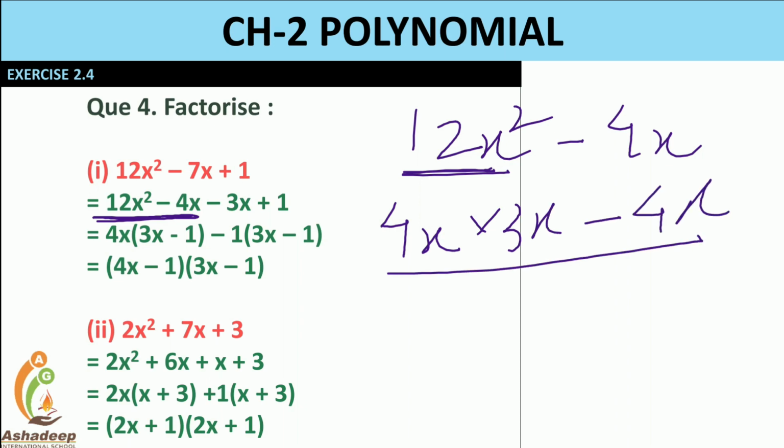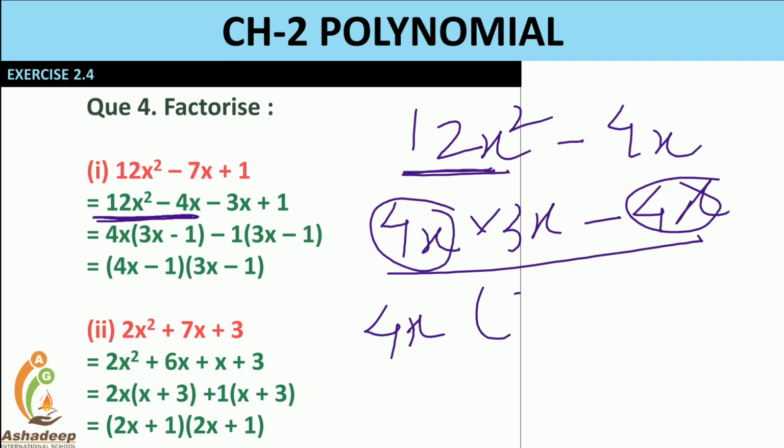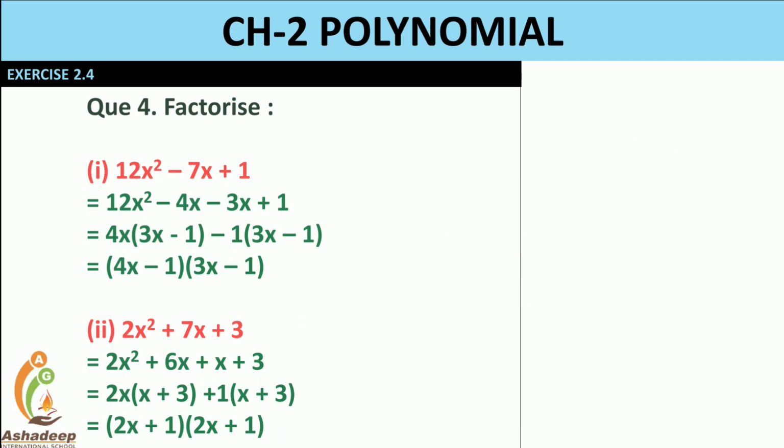So out of these two terms, what is common? 4x is common. So 4x is common, in bracket 3x minus 1 remains. 4x in bracket 3x minus 1. Same here, minus 3x plus 1.